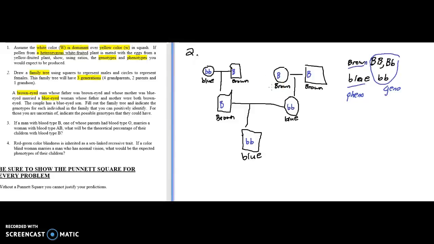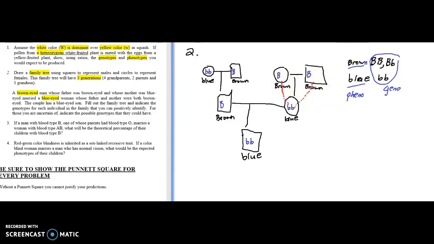And the way you do this is by looking at their kids, or possibly looking at their parents. So the woman over here with blue eyes, if she has blue eyes and both her parents are brown, she had to inherit one of these little b's from this dad and one from the mom. Let me extend that up.